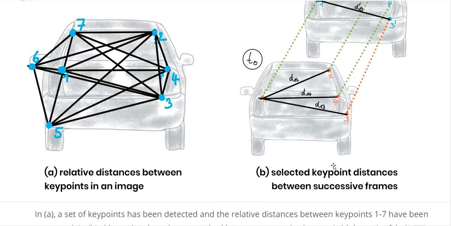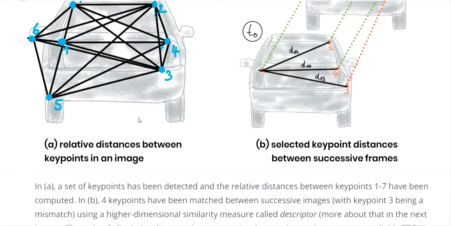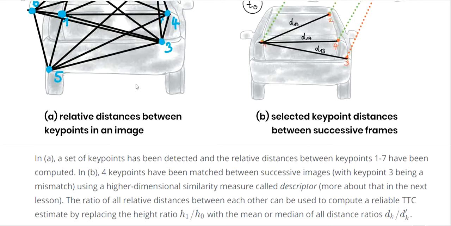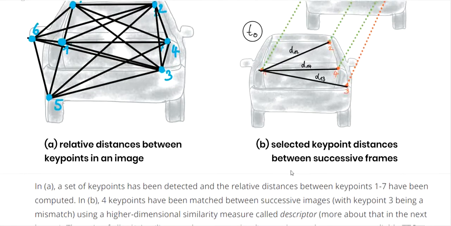Here we select the key point distances in the picture. You can see the set of key points has been detected and the relative distance between the key points from 1 to 7 in the picture has been computed.